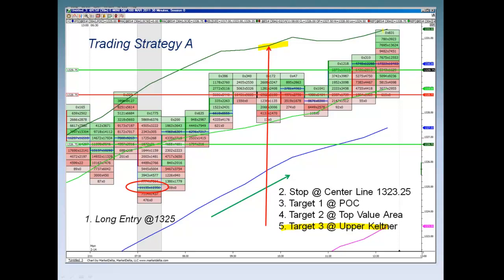And if you notice, we did in fact reach it, but it wasn't till the close of the day. So you can see in these non-trending days, it is difficult to get very many points out of the market. And that's why the directional days are the ones that typically give us the best opportunities in the market.